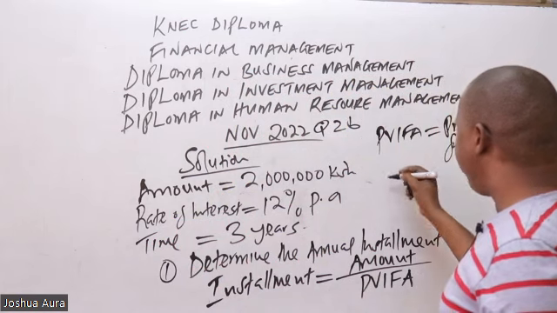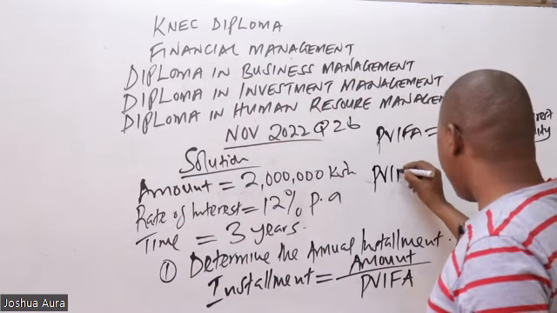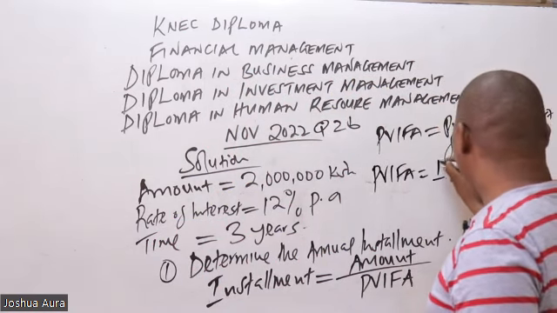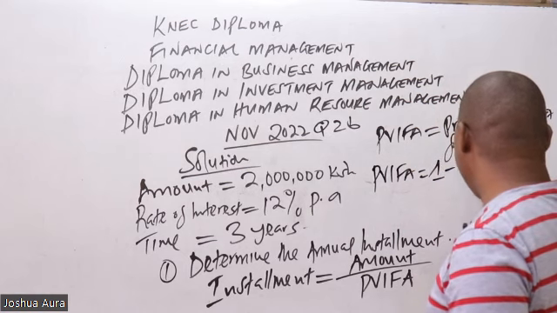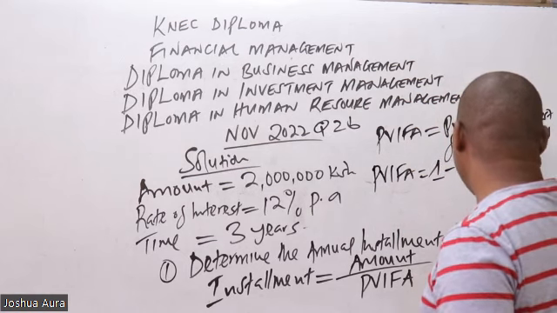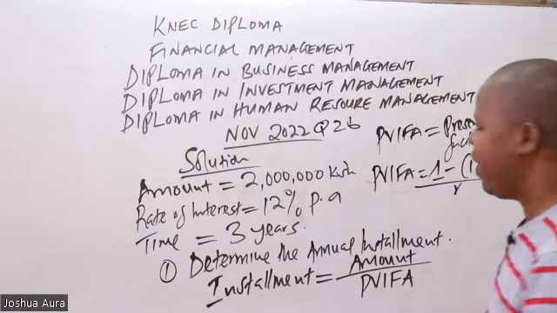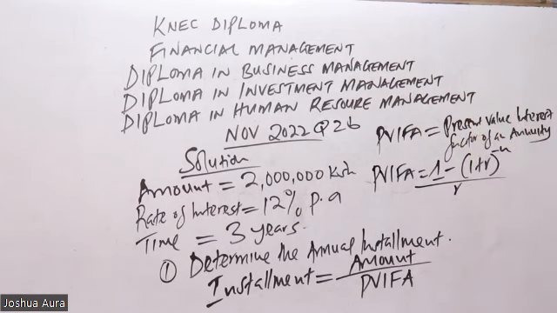So the formula of getting PVFA is you take 1 minus, into bracket, 1 plus r raised to negative n, all over r. Let's continue here.